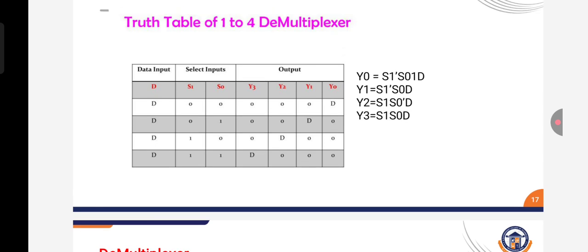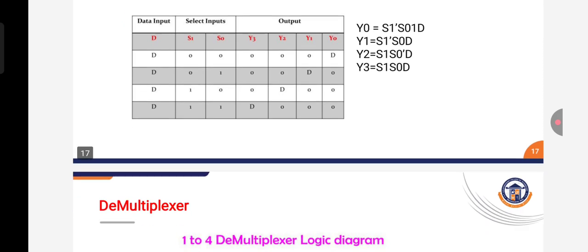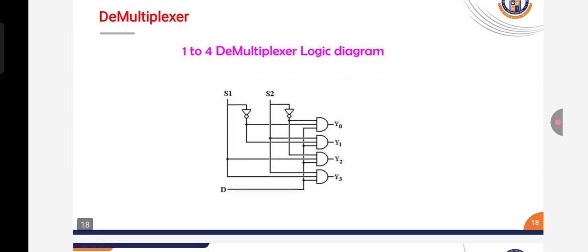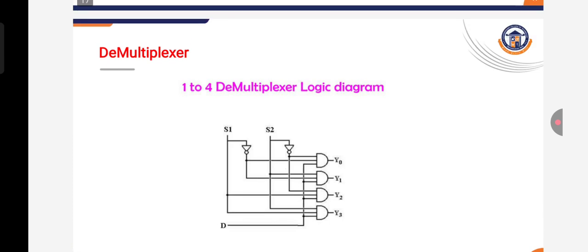So, these are the Boolean expressions of the 1x4 demultiplexer. Y0 is equal to S1 dash S0 dash D, Y1 is S1 dash S0 D, Y2 is equal to S1 S0 dash D, Y3 is equal to S1 S0 D. Using these Boolean expressions, we draw the 1x4 demultiplexer logic diagram. When S1 S0 is 0 0, the Y0 line is selected.